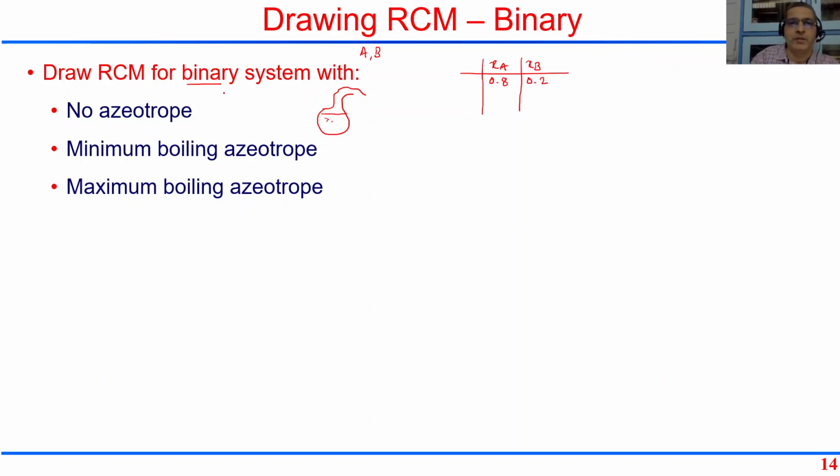Now what is the equation that we are solving? We are solving dx by d zeta equal to x minus y. So first of all, I have to find what this y is, in equilibrium with this particular x. How will we do that? I have to find a bubble point temperature.